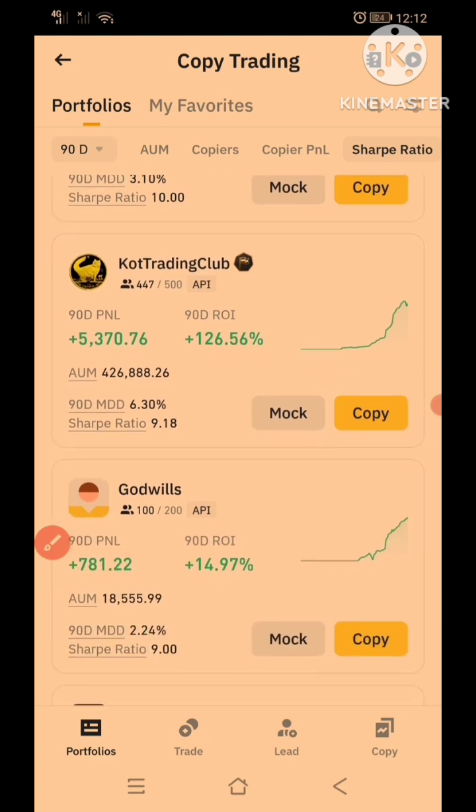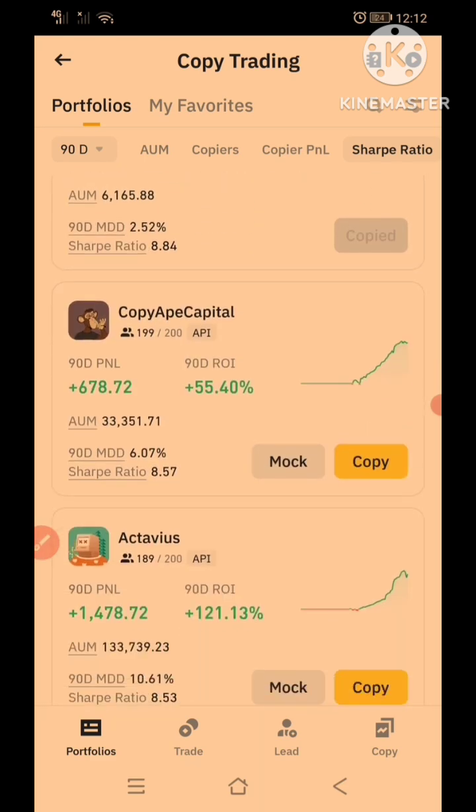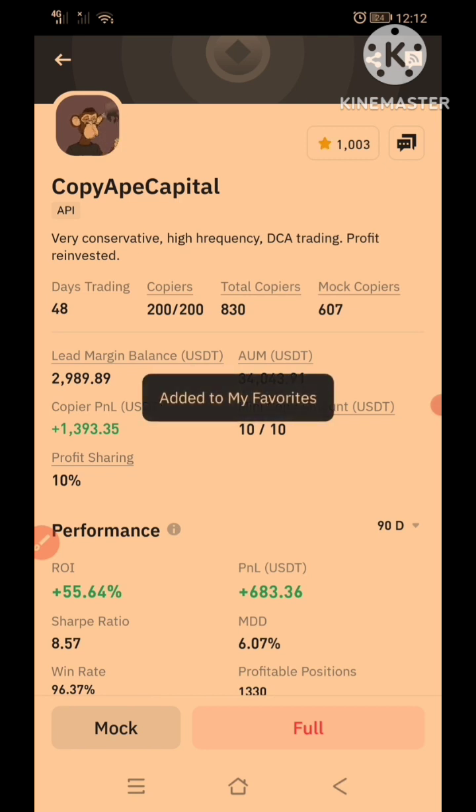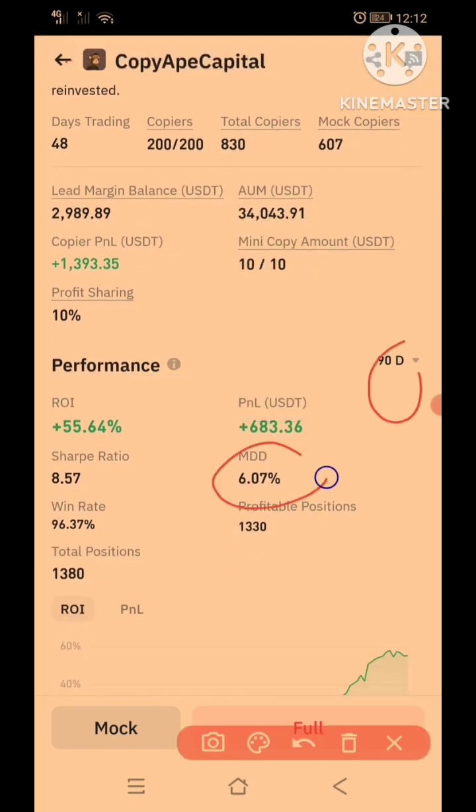Going back, looking for the good ones. Copy ape. Looks good, is full. MDD. Sharpe ratio is a good relation.